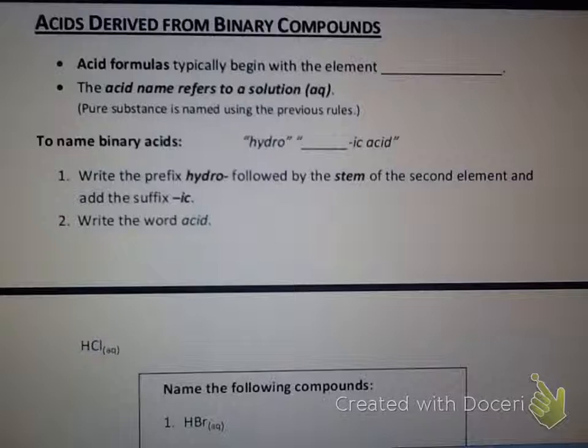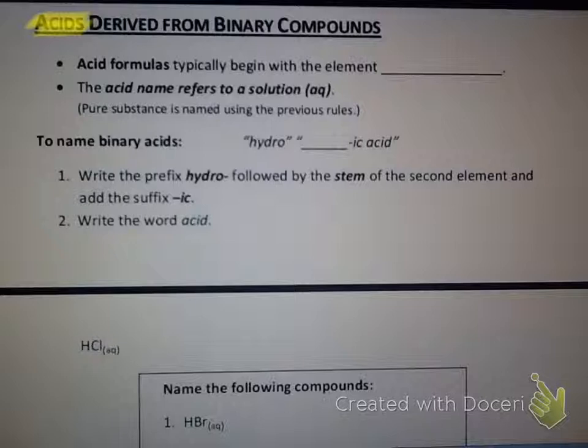Alright, now we're going to look at acids. So right now, we've looked at ionic compounds, binary ionic compounds, and binary molecular compounds, non-metal, non-metal, no metals there. And the third class of binary compounds that we're going to look at are acids. Acids form from binary compounds.